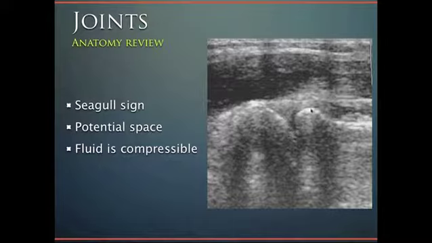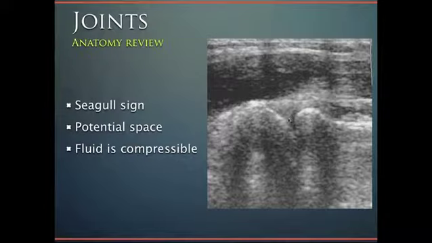And this is what we call the seagull sign. It looks like the wings of a seagull at the joint spaces. It's a potential space. This area here is where this bone comes in contact with this bone. So this would be the articular surface of these bones here, and in between these two articular surfaces is a joint space.